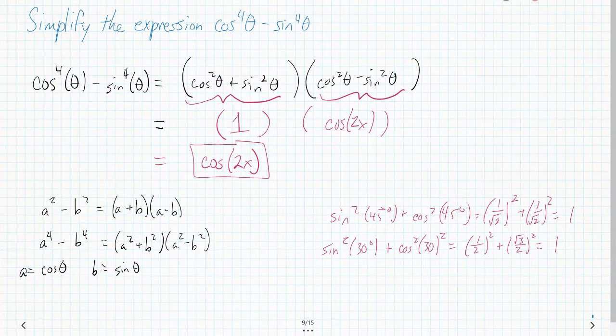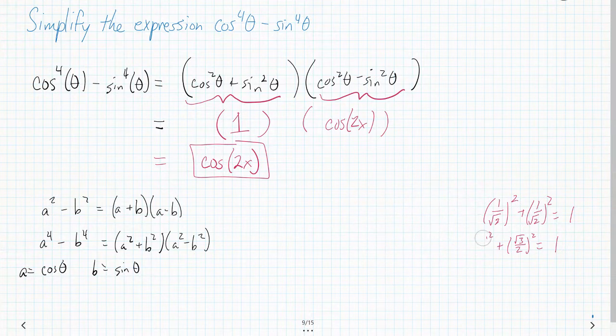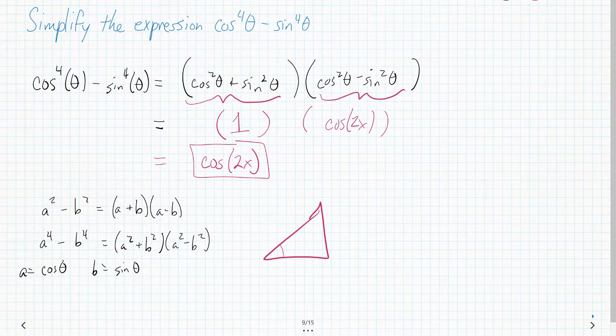And if you're wondering why that works out for the sine squared plus cosine squared, let's talk about it real quick. Let's say we have a right triangle in general, and we have some theta, and we have A, B, and then we have C. We know the one property that we have is a squared plus b squared equals c squared, right?